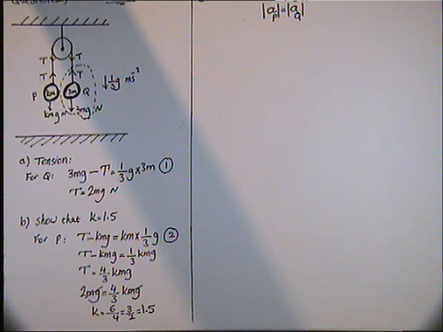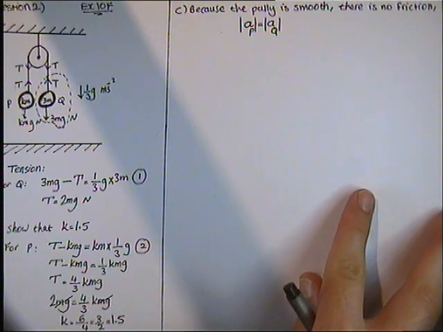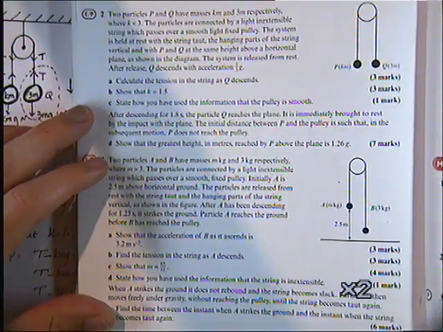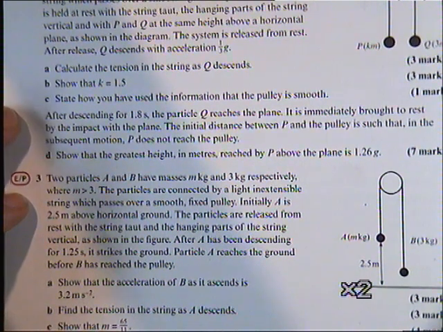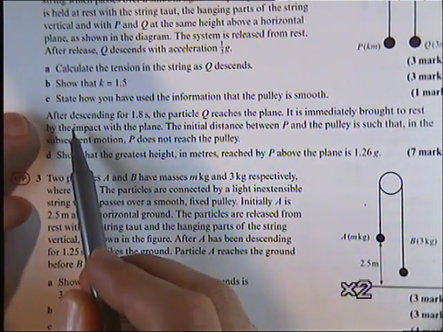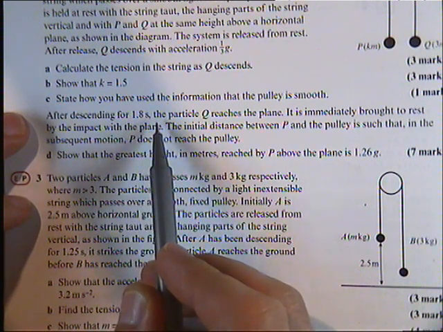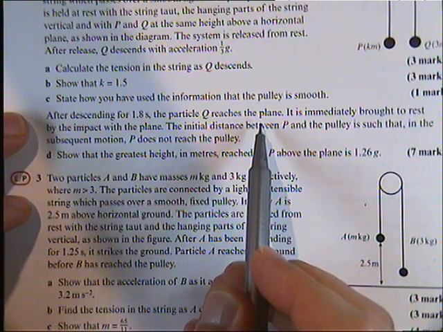Part D of the question probably is the most difficult one and quite long as well. So for part D, let's read out the explanation first. After descending for 1.8 seconds, the particle Q reached the plane.